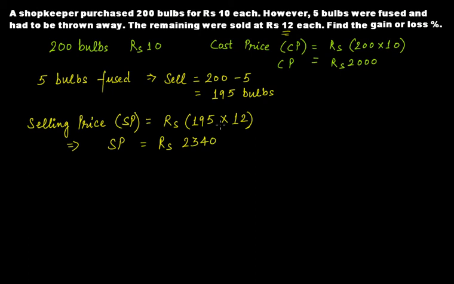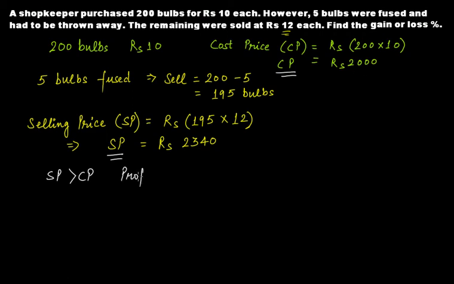Okay, now clearly the selling price is greater than the cost price because it is 2340 and it is rupees 2000. It means that you are making a profit.